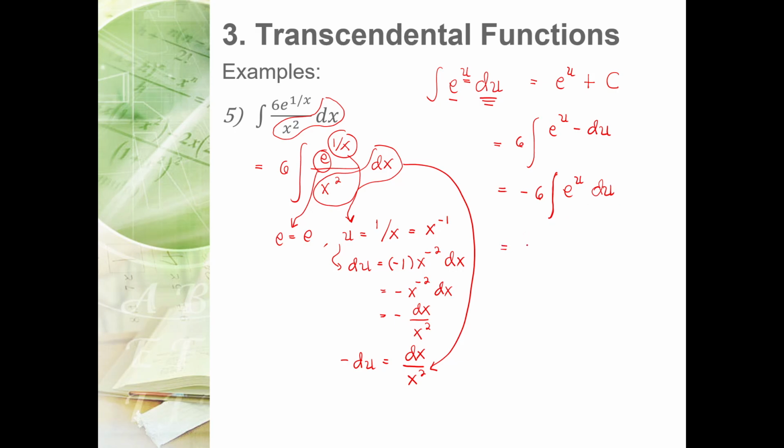The answer for this one is negative 6 multiplied to e^u plus c. Bringing back the value of your u parameter, that's negative 6 e raised to 1 over x plus c. This one is your final answer.